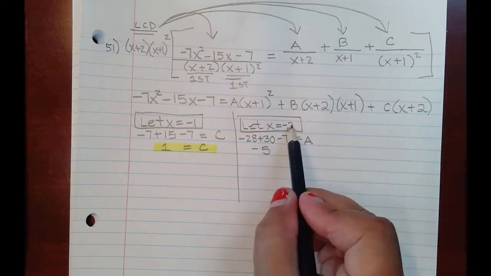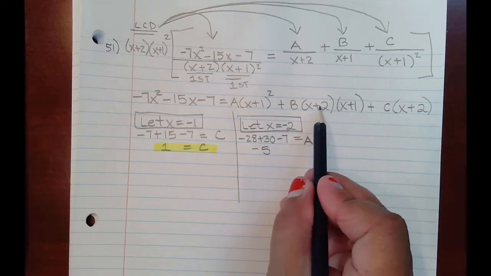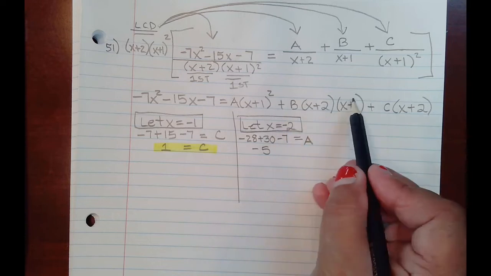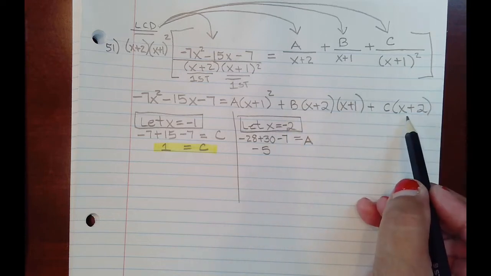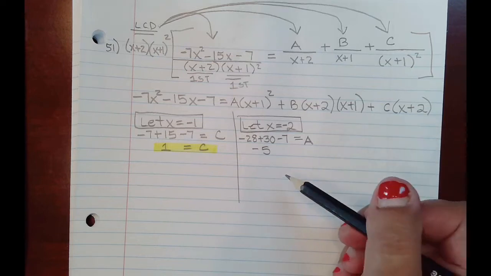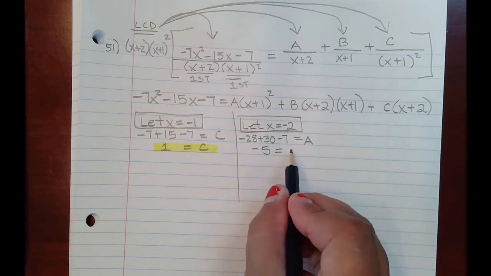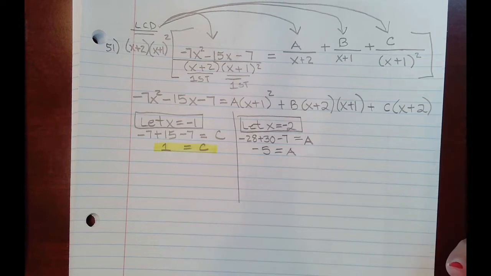Okay, when you plug -2 into this next expression, you end up with a 0 here, thereby zeroing out this entire second term. When you plug -2 into this third expression, it zeroes out that one as well. So those two are completely gone, and you are only left with the a value.